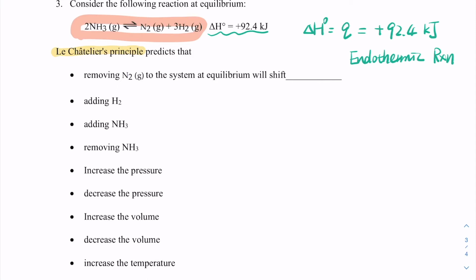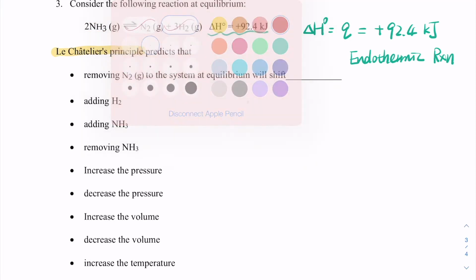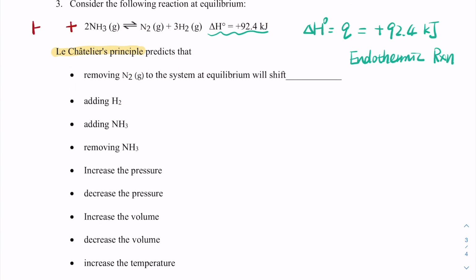Of course, during a quiz or the exam, I could just tell you, without giving you the actual number or the sign, that this reaction is endothermic. Then you know that if it's an endothermic reaction, heat is part of the reactants, because you need the heat in order for the reaction to happen.